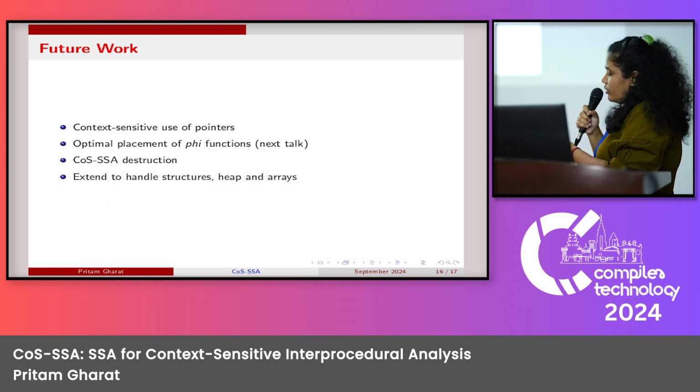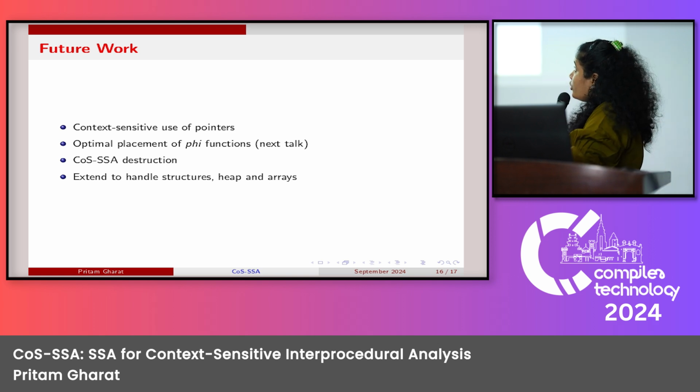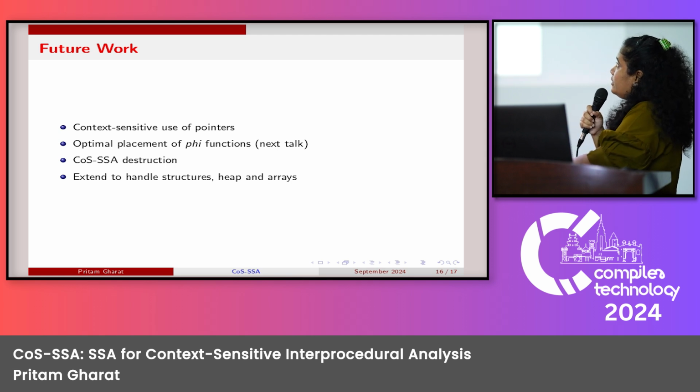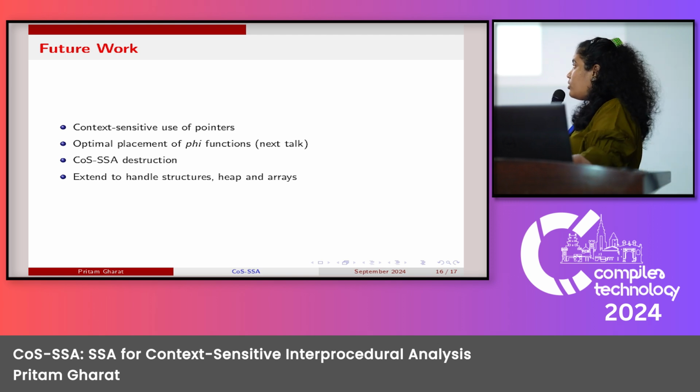The future work for this is basically we also want to handle pointers. We have a good formalism where we do pointer analysis and reaching definitions analysis and try to context match between the two analyses and use this pointer information context sensitively. Then there's this notion of optimal placement of phi functions, which will be addressed by the next talk by Supriya. And CoS-SSA destruction.